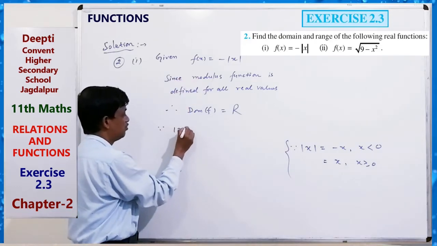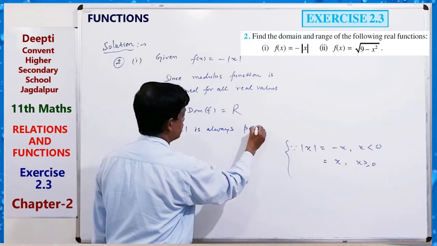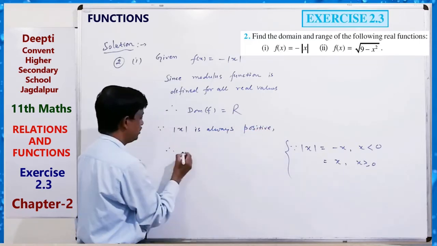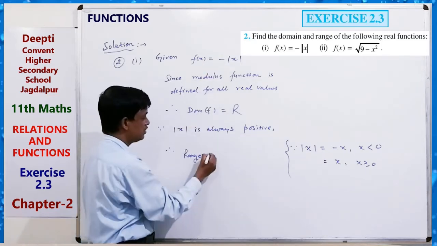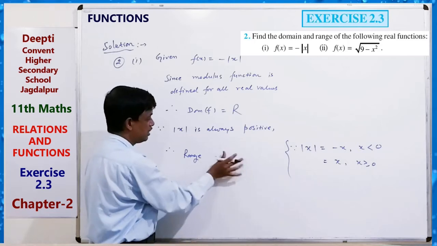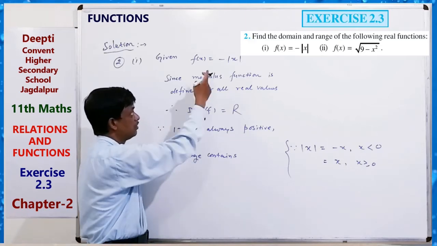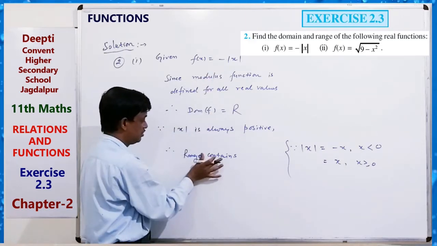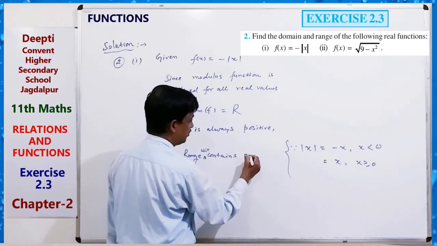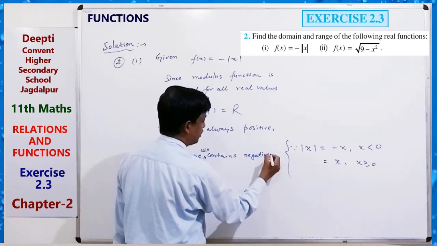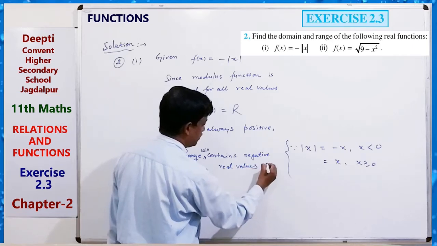Since mod x is always positive, therefore the range will contain negative real values with 0.